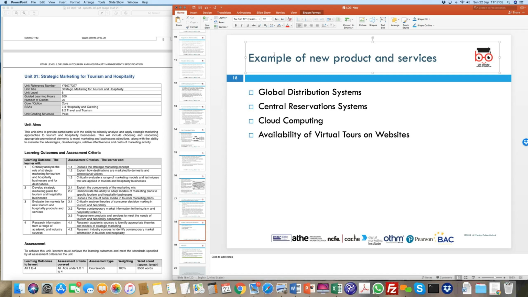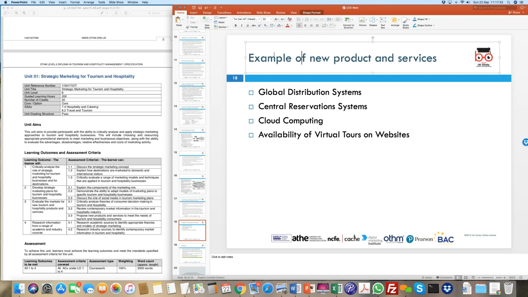Centralized reservation systems, cloud computing, and availability of virtual tours on websites are some of the new products which I can think of. There are new types of products or technologies coming up in order to meet the requirements and needs of customers within this sector.